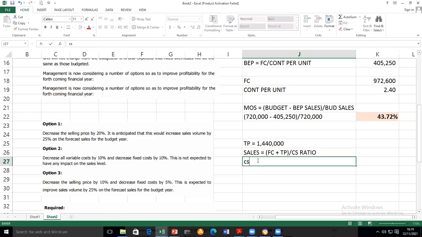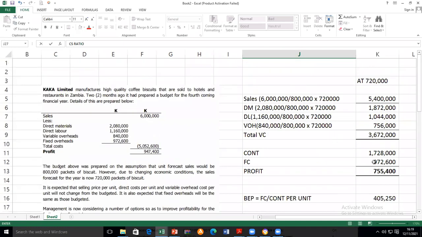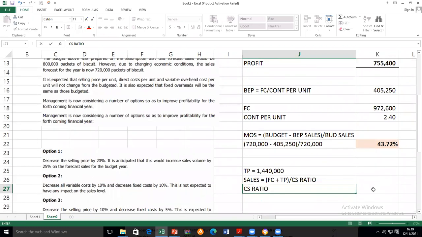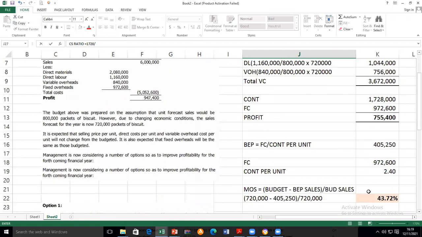CS ratio equals your contribution here, 1728, divided by 54.